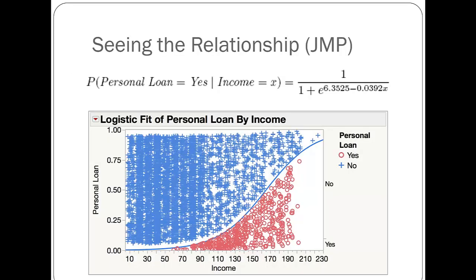If we have just one x variable, we can get a really good idea of how this is going to look. On the x-axis, we've got income. On the y-axis, we have personal loan. And the S-shaped line here is the probability of someone accepting a loan given their income. And this makes a nice picture.